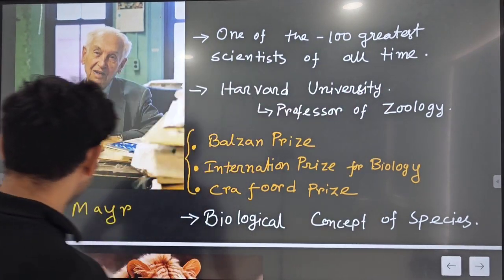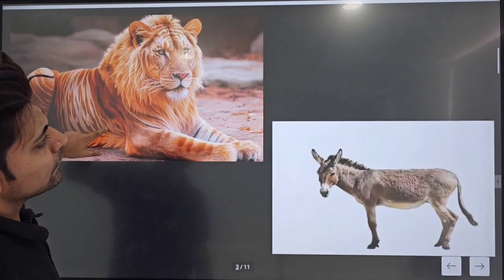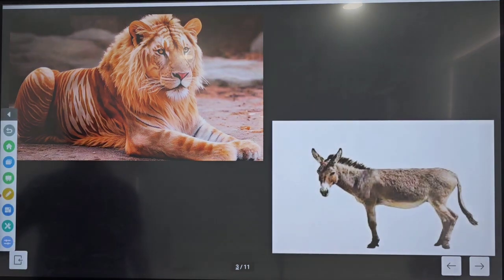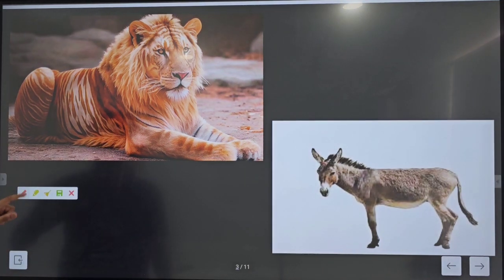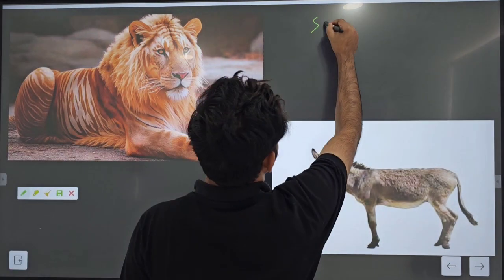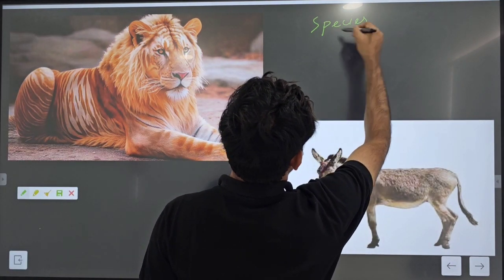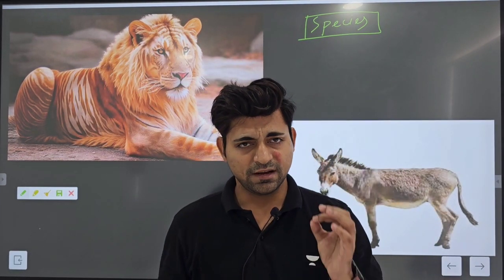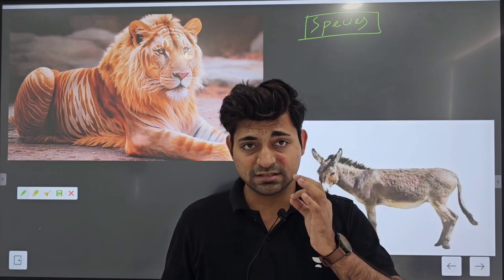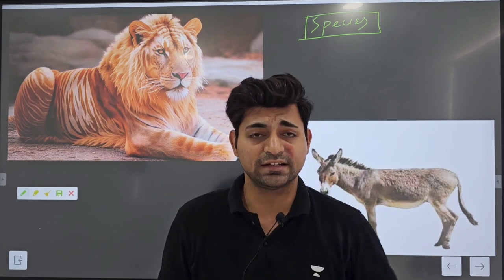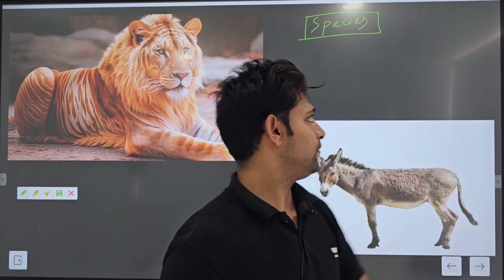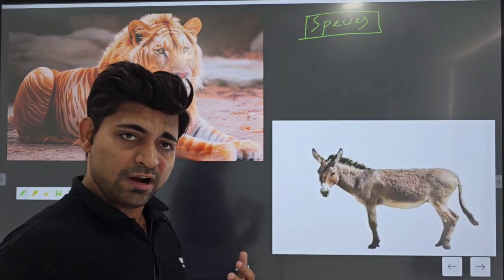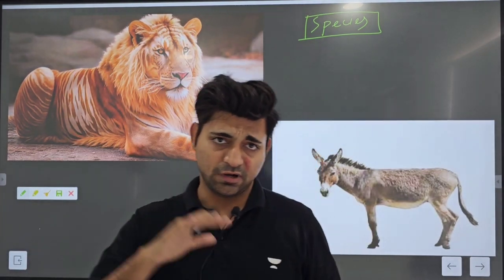For that, we need to know what a species is. In a shortcut form, hierarchy-wise in taxonomy, species is the category having the lowest rank. Who are called species? One human being looks similar to another human being.